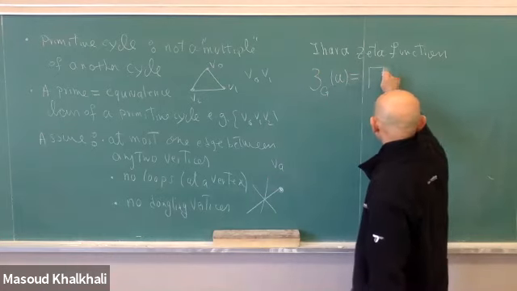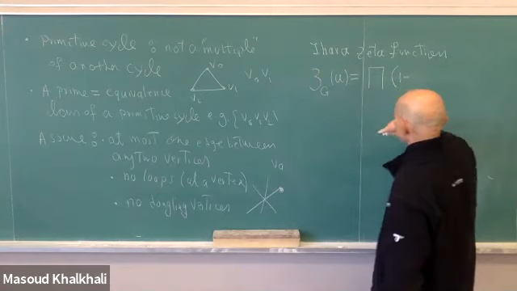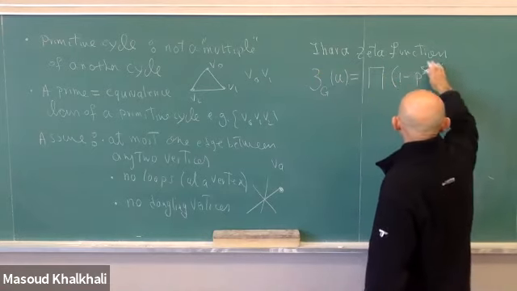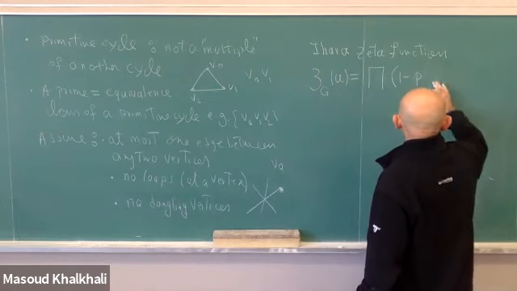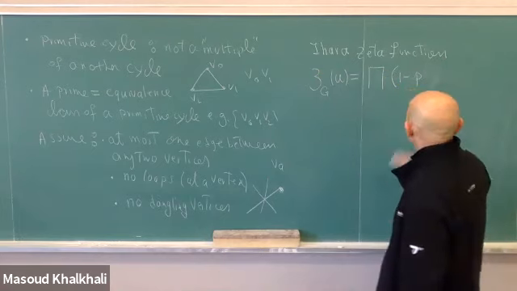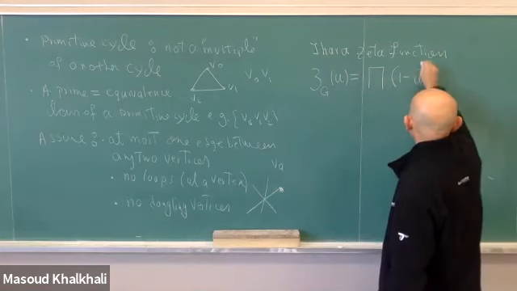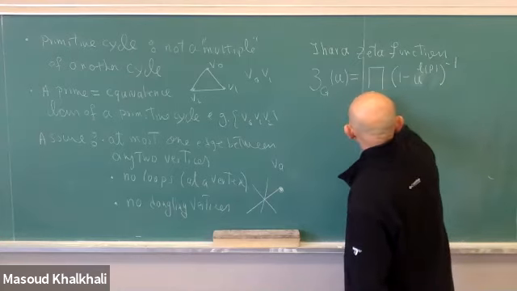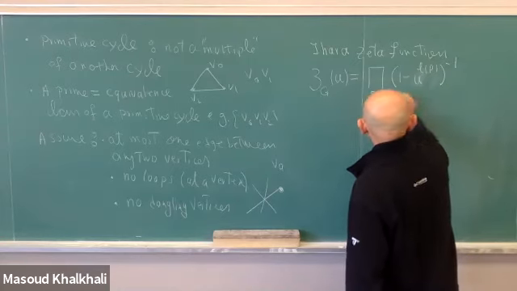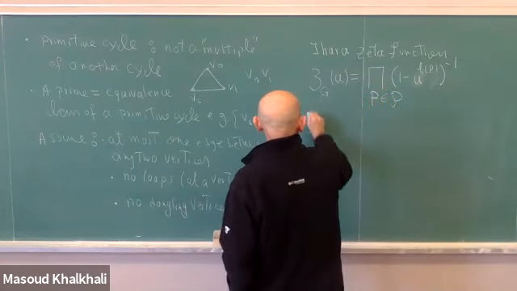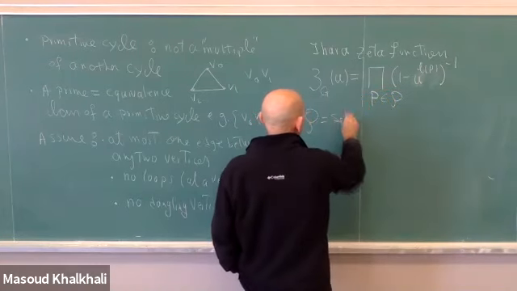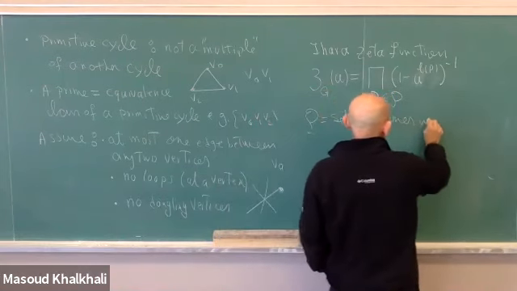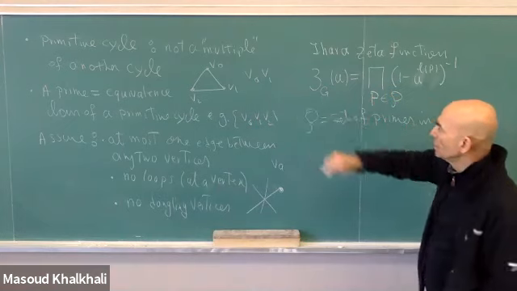It is an infinite product of 1 minus u to the power L of P, to the minus 1, over P belonging to P. So P is the set of primes in G.